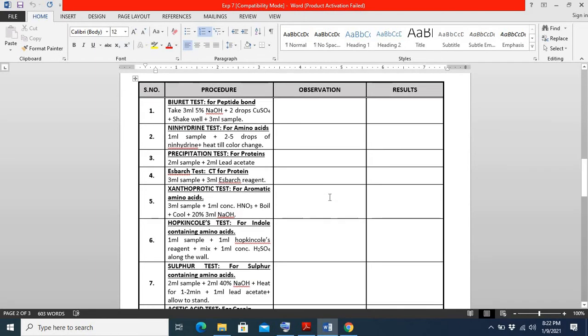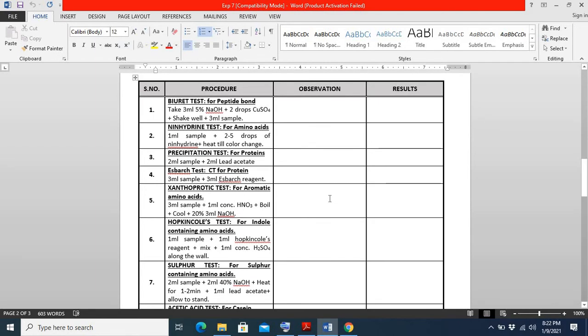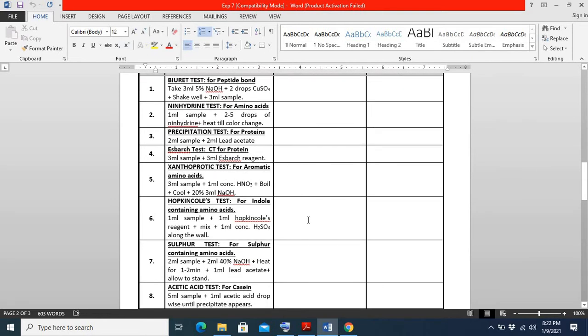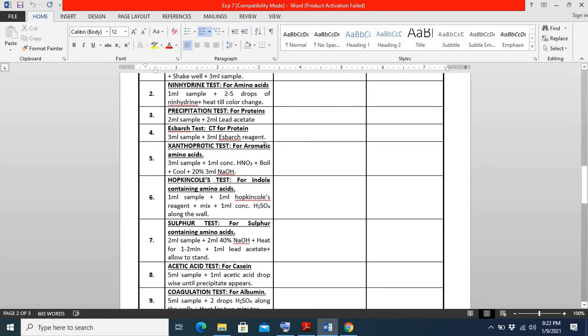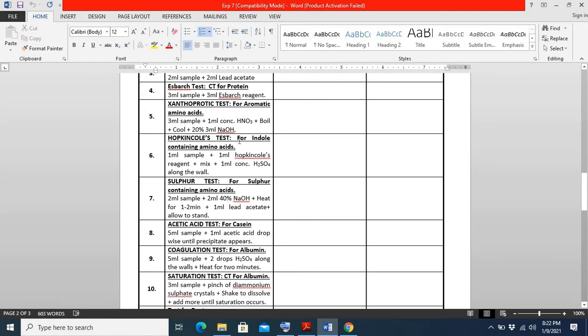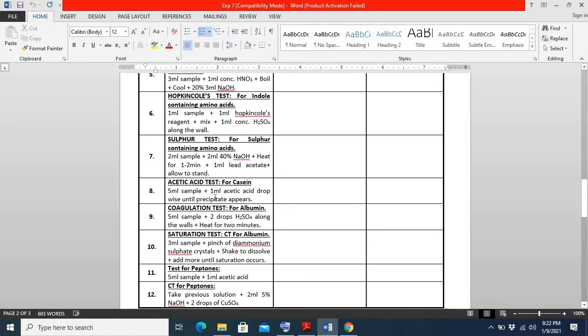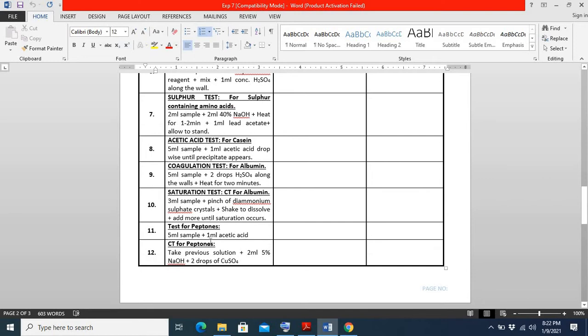Then we have to find out if the sample contains amino acids, and which amino acids this protein is made up of, either aromatic amino acids, or sulfur containing amino acids. And then we have to carry out different tests for the identification of the particular type of protein.